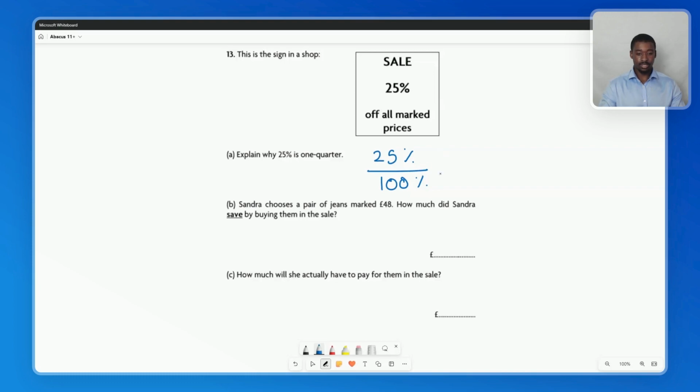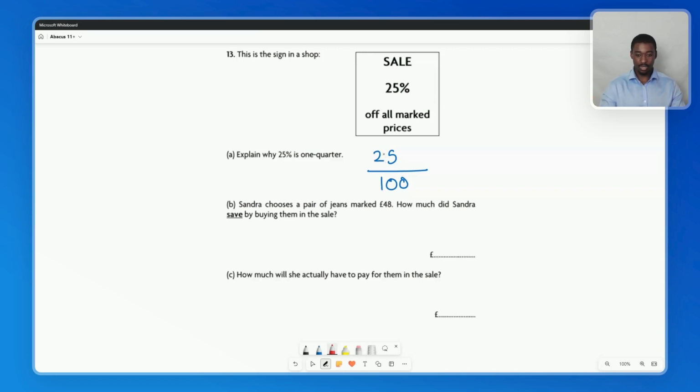But then this allows us to form a fraction because we have 25% over 100%. We can take out the common factor of percent. We can take out the percent sign in each number in the numerator and denominator. And now we're simply left with 25 over 100.